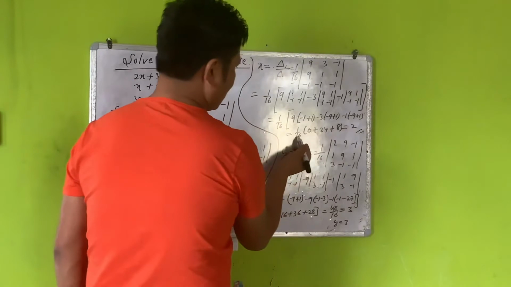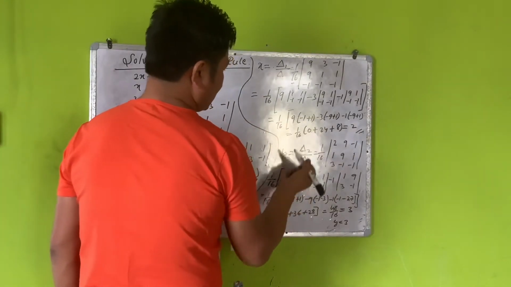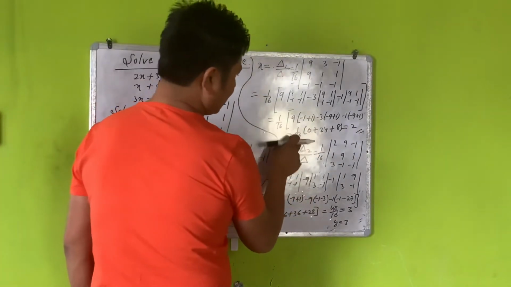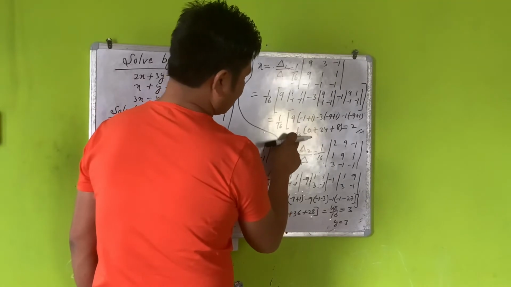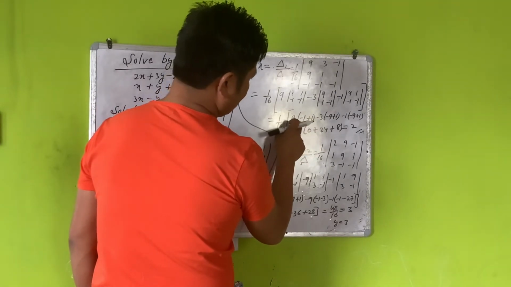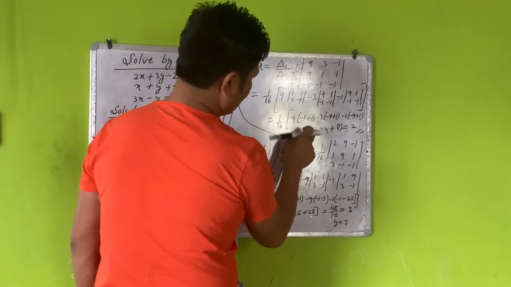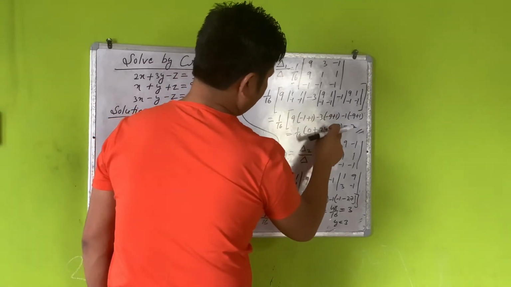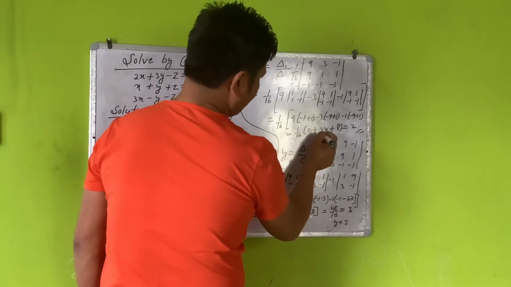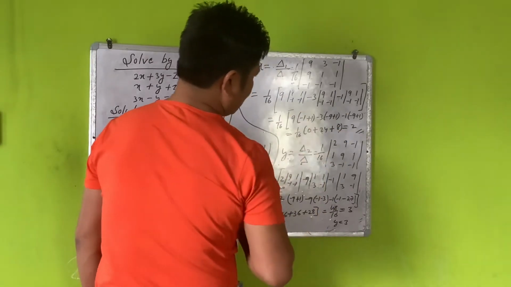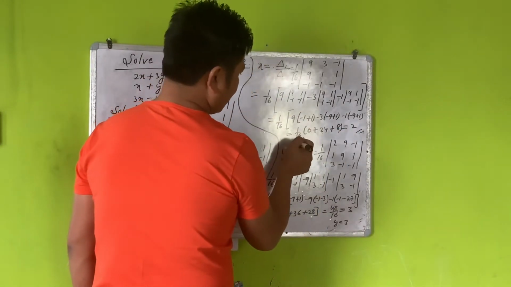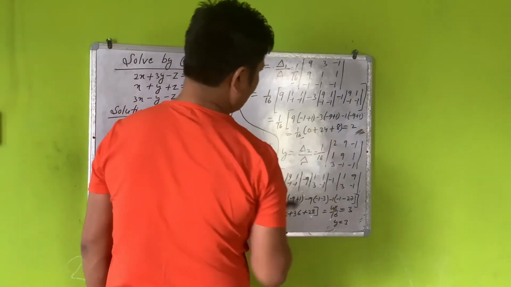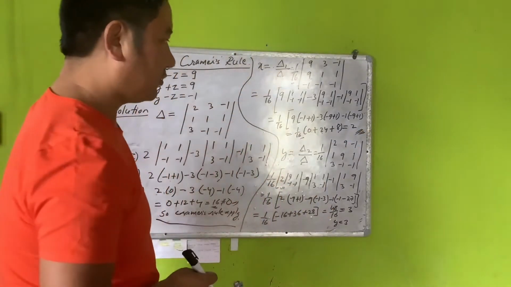When you further solve this, it will be 1 by 16 into 9 into minus 1 plus 1 is 0. This will be 24 and this will be 8. So 24 plus 8 is 32, 32 divided by 16 is equal to 2. So the value of x is 2.